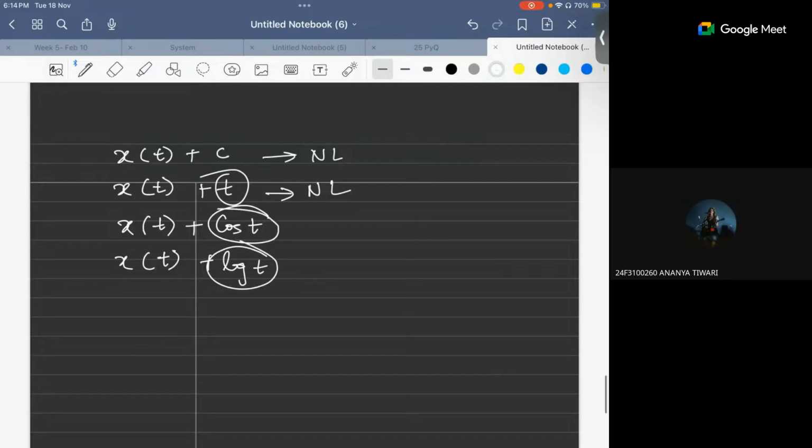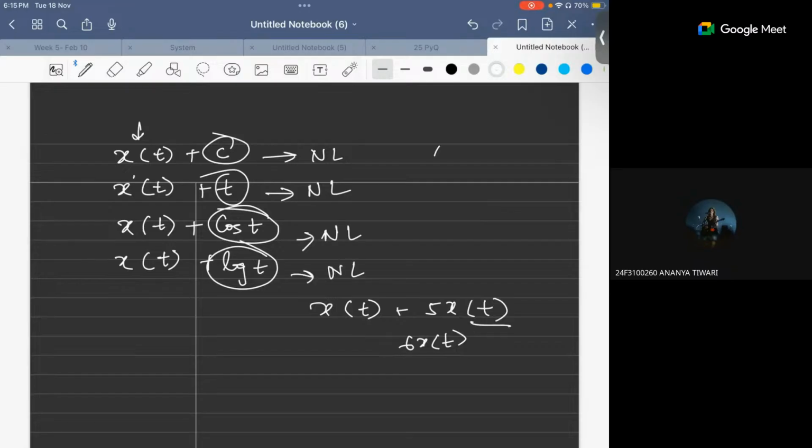If there is something that has been added, apart from xt, let's for example, xt plus 5xt, so there is 6xt, right? So if xt is linear, this 6 times xt is also linear. But if xt is linear and some constant has been added, maybe c, t, cos t, anything apart from the function itself, it will make the system non-linear. Any confusion anybody has, you can just let me know.